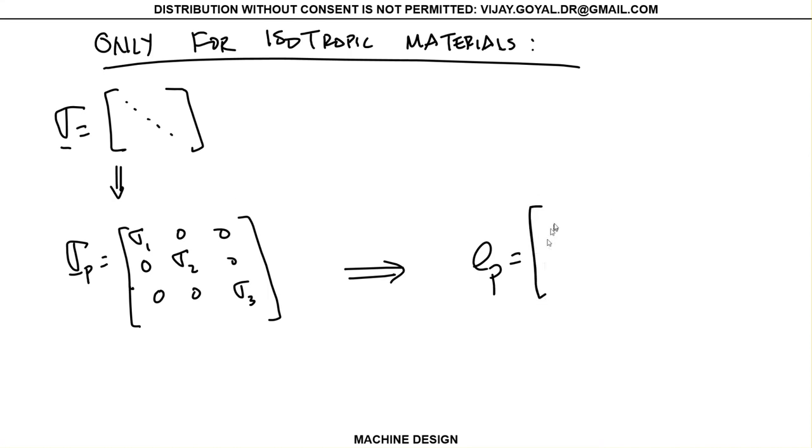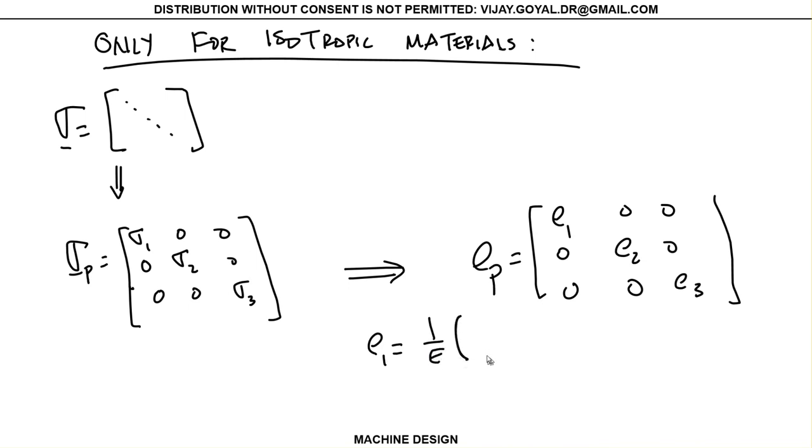So I can say this is epsilon 1, 0, 0, 0, epsilon 2, 0, 0, 0, epsilon 3, where epsilon 1 is nothing else than 1 over E, sigma 1 minus nu times (sigma 2 plus sigma 3). You can see how easy this is, right? This is 1, 1, and the rest goes there.